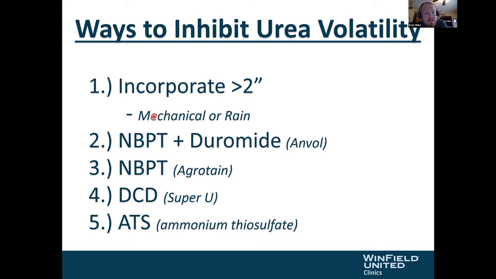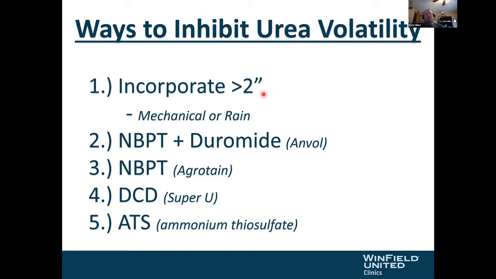That can be done mechanically, if you have that ability, if you are tilling, or by rain or irrigation, to get that into the soil that deep. And if it's irrigation or rain, generally a 1/2 inch of water is enough to incorporate that deep enough where you do not see volatility losses.